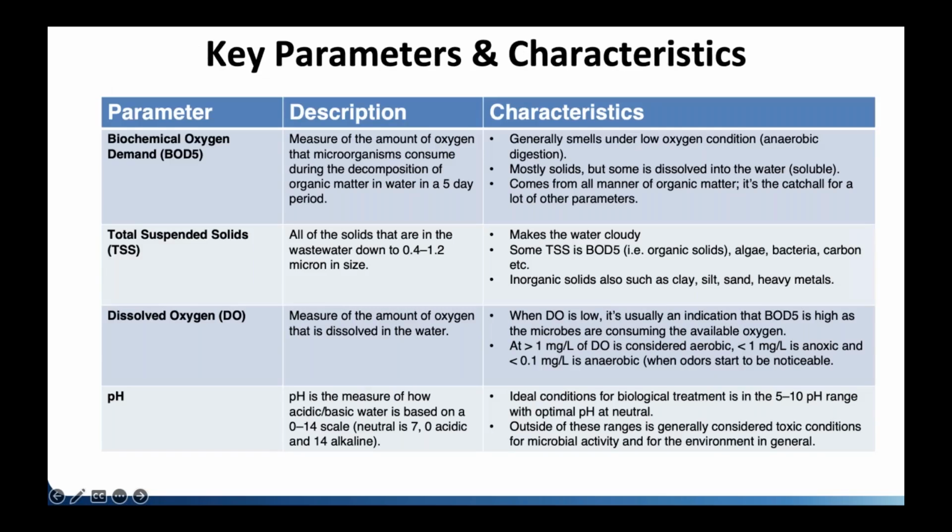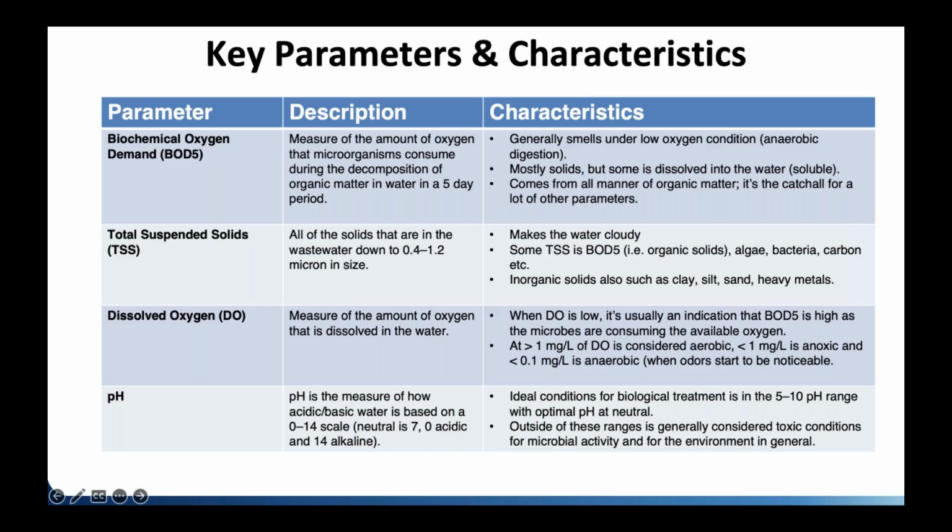Okay, so key parameters. The number one thing is biochemical oxygen demand. And really, this is a proxy for the amount of bugs that are there. In terms of a lab measurement, they're measuring how much the dissolved oxygen in a sample of wastewater is reduced within a 5-day period, okay?